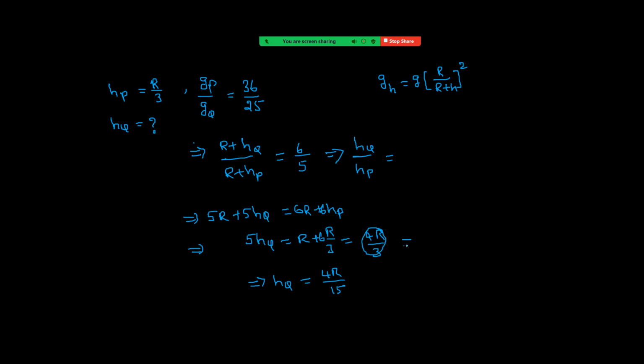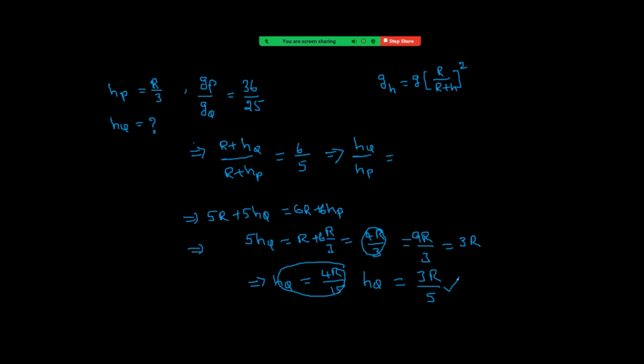So in that case, this is now 3 plus 6, 9. 9R by 3, that is equal to 3R. That means HQ value is equal to 3R by 5. So directly we can get the answer.